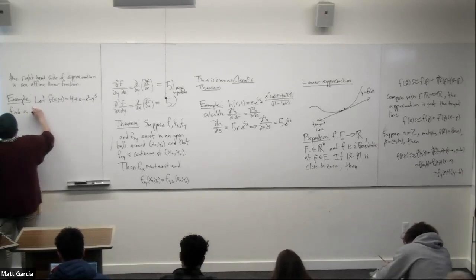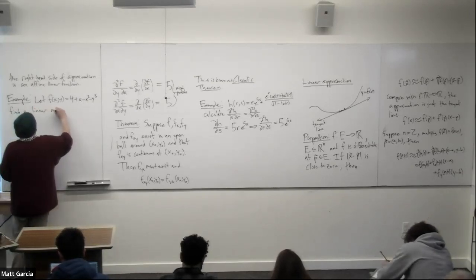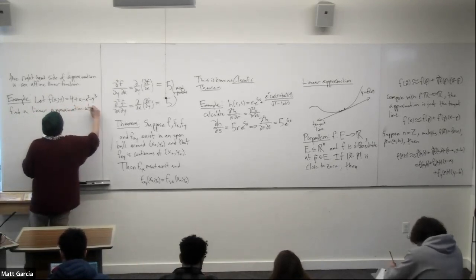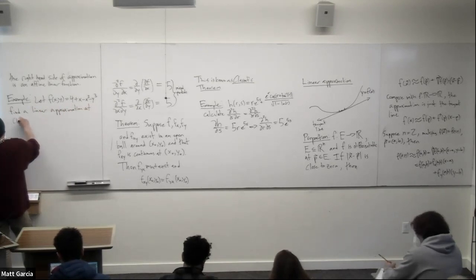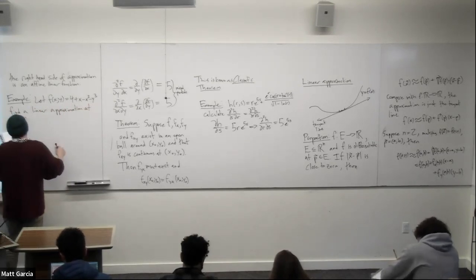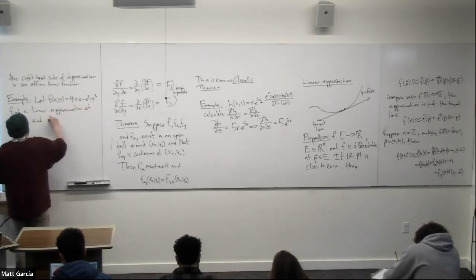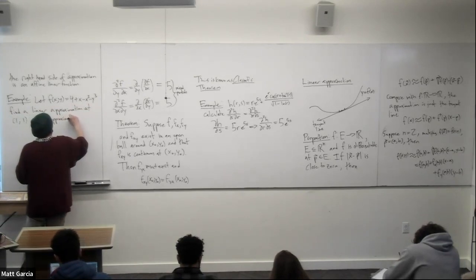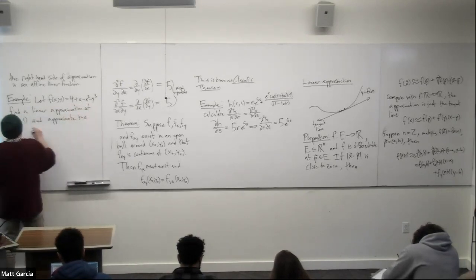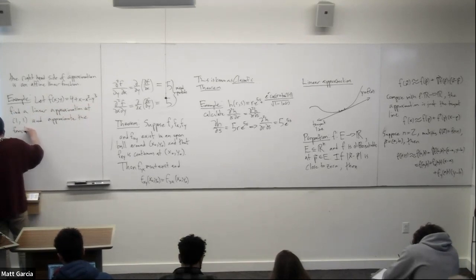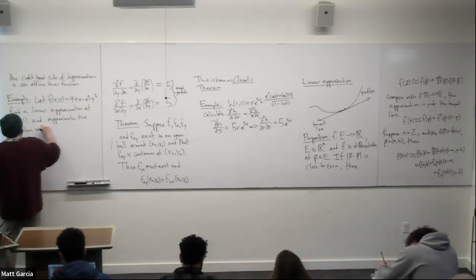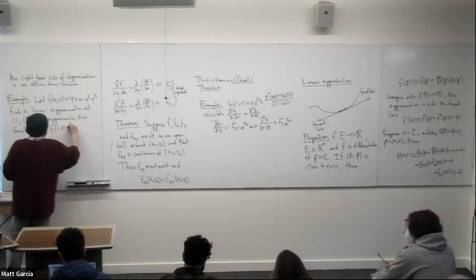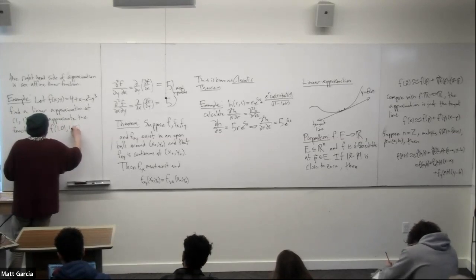Find a linear approximation at the point 1 comma 1. And then I'll ask you to approximate the function value f evaluated at 1.01 comma 1.05.